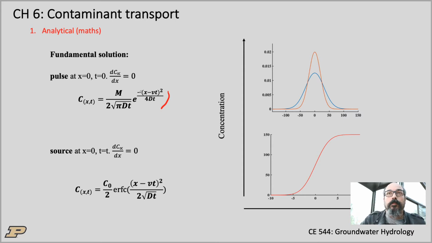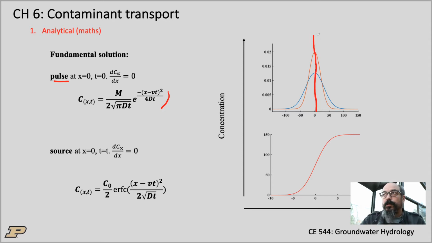That's really the important part. Again, this is the fundamental solution for a pulse, meaning that the initial condition is basically a Dirac delta function or some sort of discrete pulse. So let's say you drop a bucket of something, and then that's it.